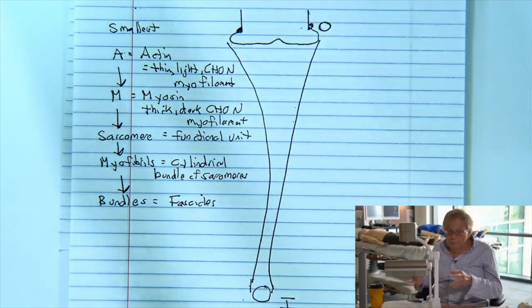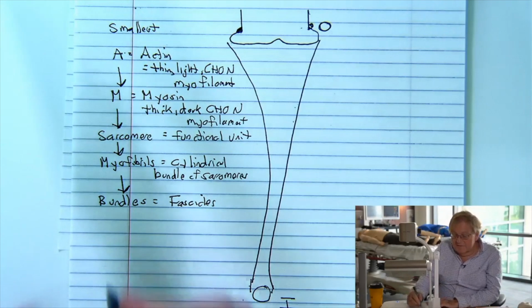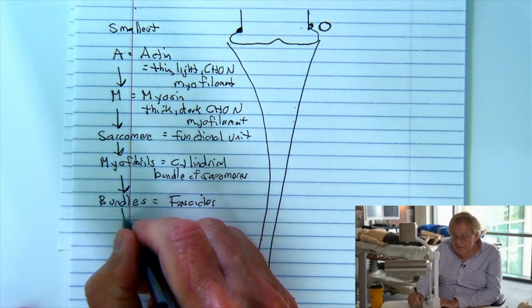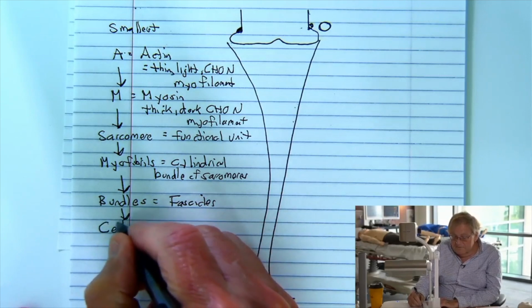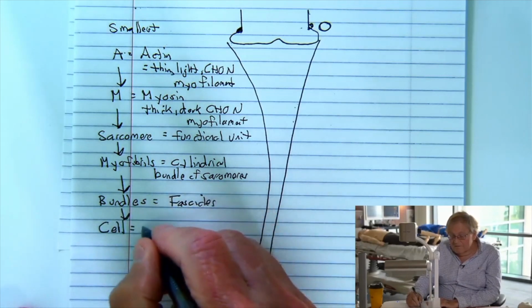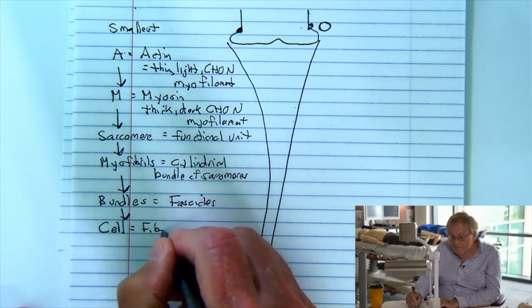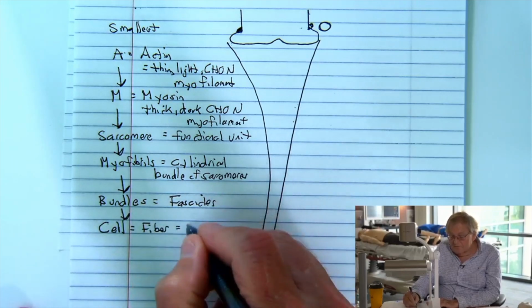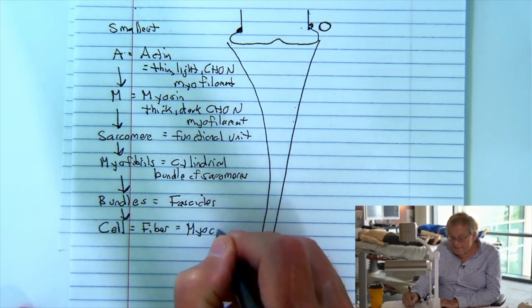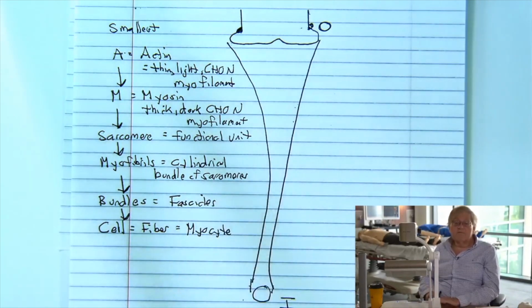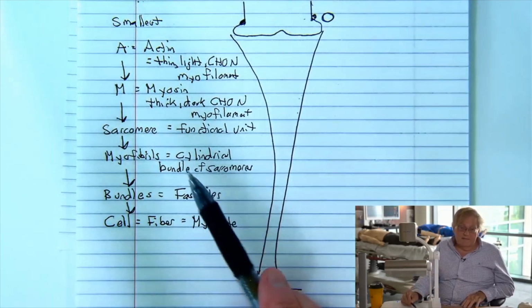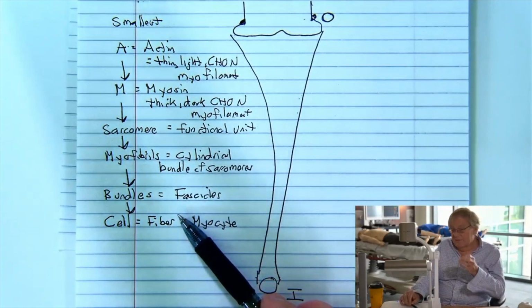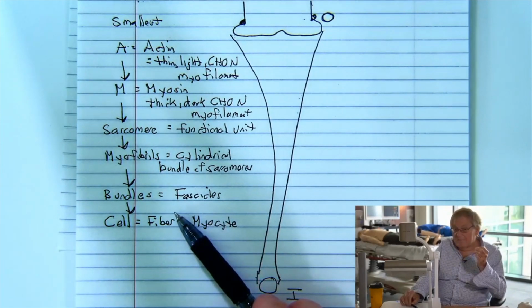Then I'm going to group muscle bundles and fascicles together, and I'm going to make a muscle cell. A muscle cell is also called a muscle fiber, and a muscle fiber is also called a myocyte. Finally, I'm going to take those muscle cells or fibers, which, once I get into these bundles, I'm going to be able to see macroscopically.